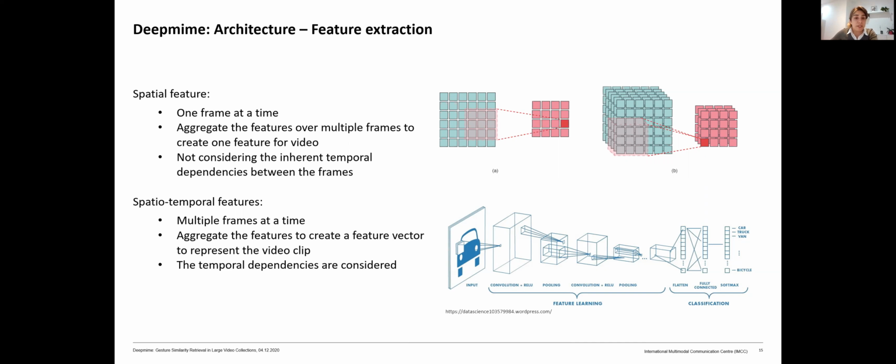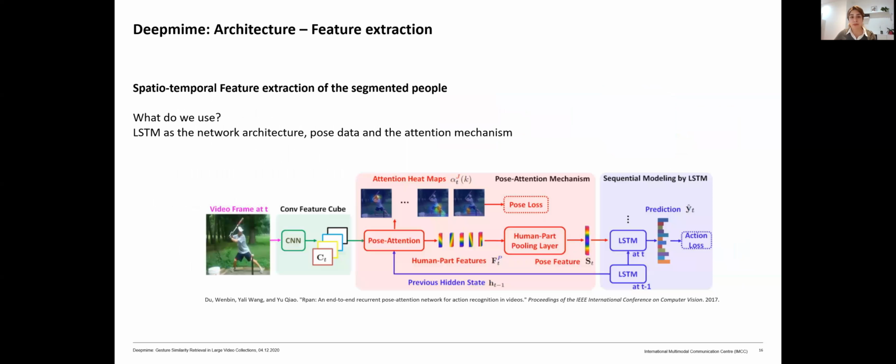This is very important for tasks such as activity recognition, activity search, and gesture search, because the temporal aspect of these tasks is very important, and it is important to consider these temporal dependencies between frames and not to disregard them by just an aggregation of the features at the end of the network.